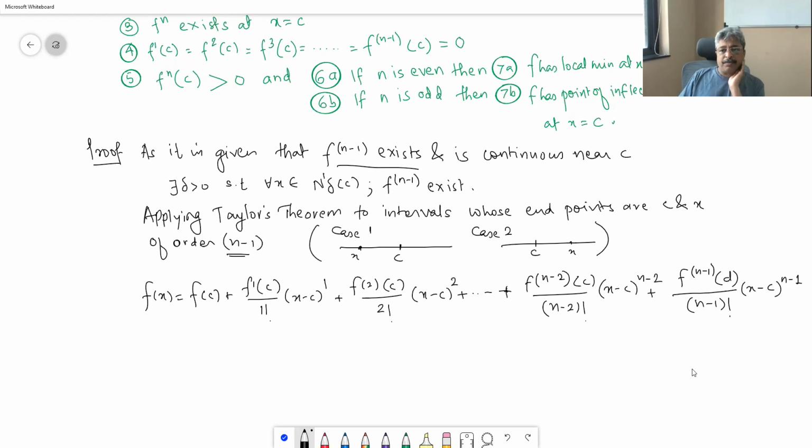This is our statement of Taylor's theorem for order n minus 1. The last term is your correction.